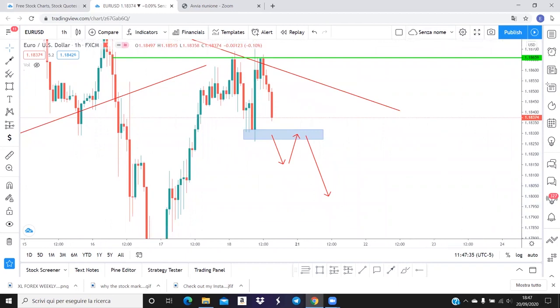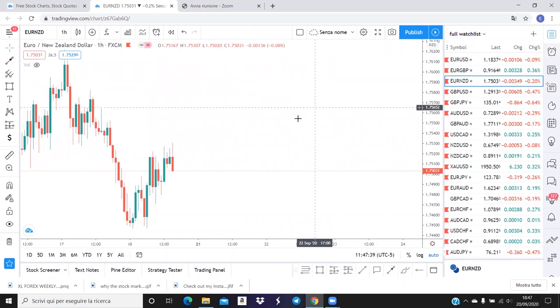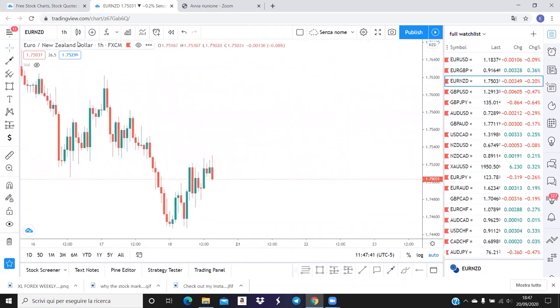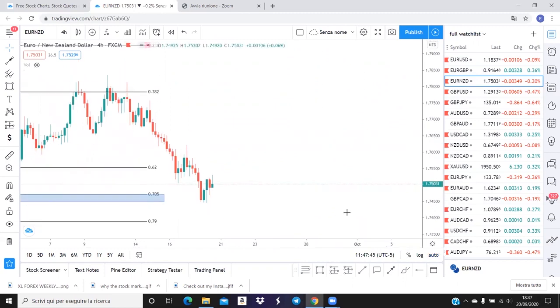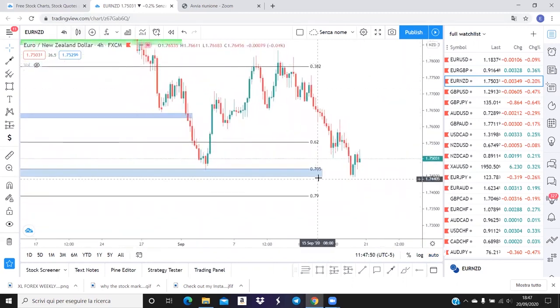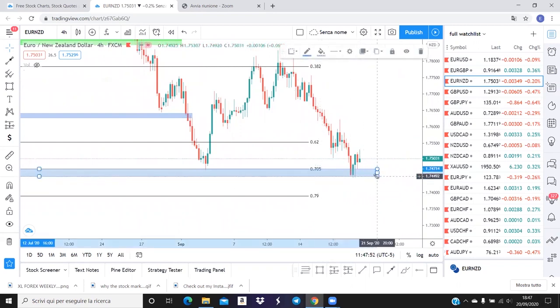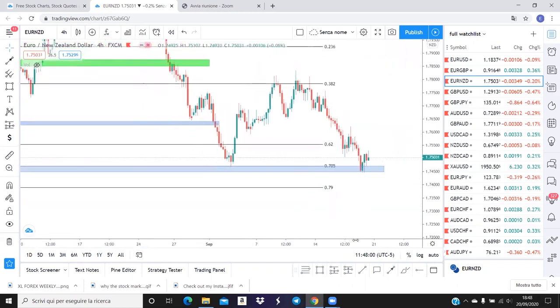Let's move on to another interesting pair, which is Euro New Zealand. This week, we have to go to the daily and 4 hours chart in order to check what's going on. At the moment, we are at this support level and we actually rejected support, which also corresponds to the 0.7005 Fibonacci level.